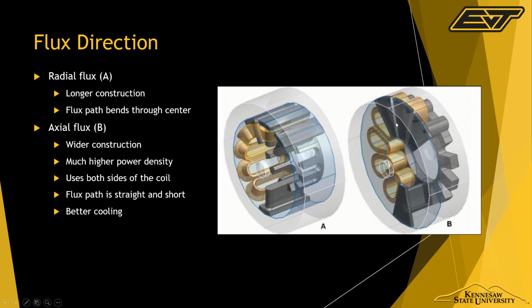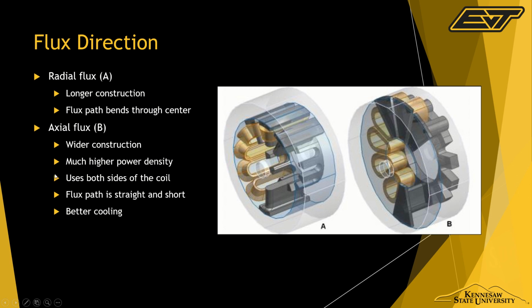Here, the axial flux goes from this magnet straight through the electromagnet and right into the magnet after it, and then the magnets have some flux that goes right here. So the path of an axial flux motor is very direct, which is good because the shorter the flux path, the stronger it is. Basically, that's the best way I can describe it.